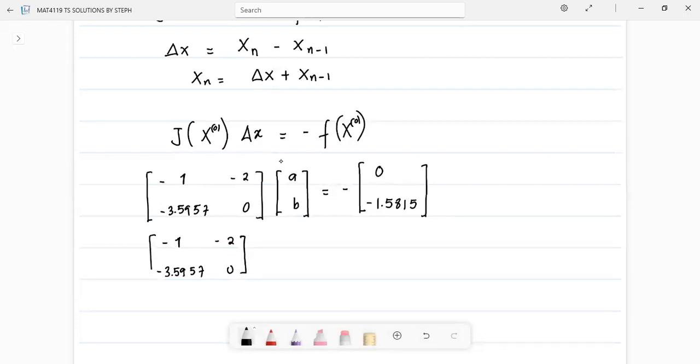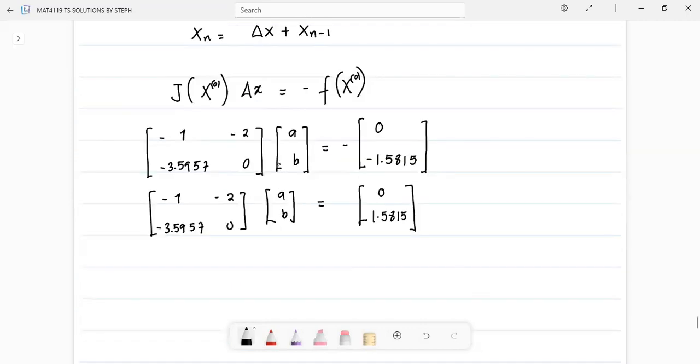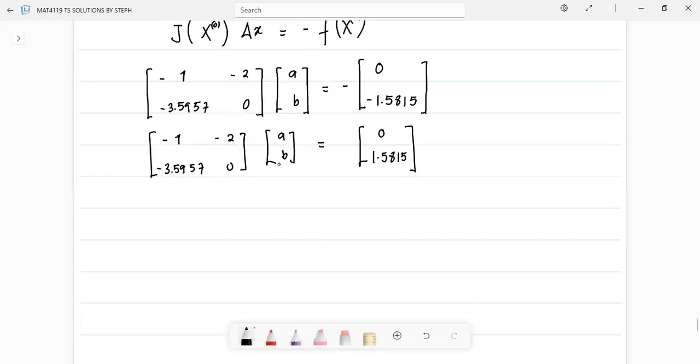First of all, let me send this negative sign inside the matrix. If I do that, I have a 0 here, and here I have positive 1.5815. We have two unknowns, A and B, to solve for.